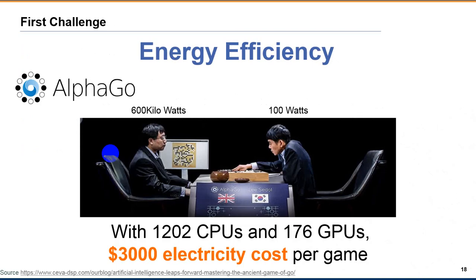So, energy efficiency. In comparison between AlphaGo, which was a deep learning based system, and a person, as compared to the person, it consumed, we can say, thousands of times more energy and power, which is not efficient for us.